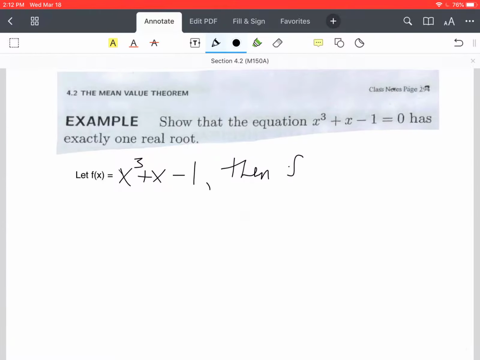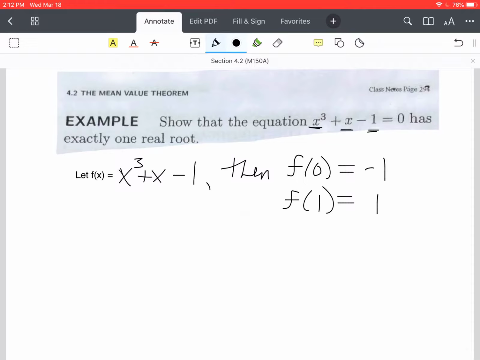Then if we look at a couple sample points here, let's look at 0. F of 0, that's 0 cubed plus 0 minus 1, that's negative 1. And f of 1, that's 1 cubed plus 1 is 2 minus 1 is positive 1.